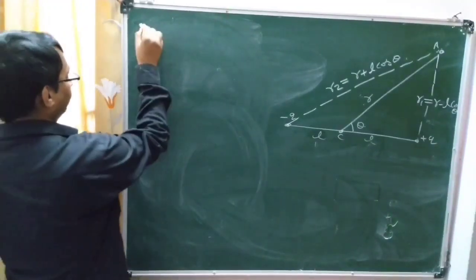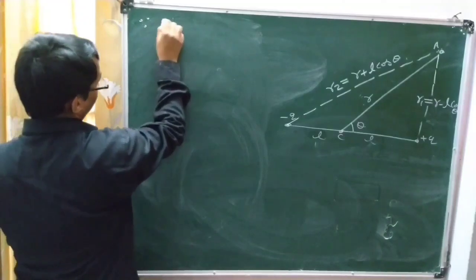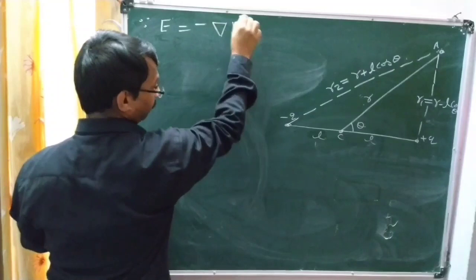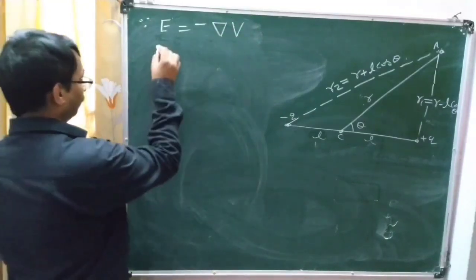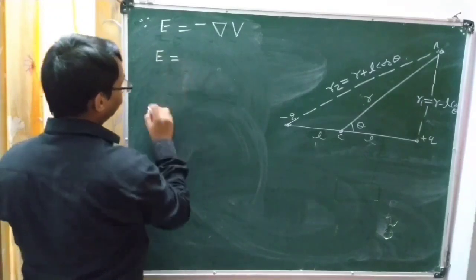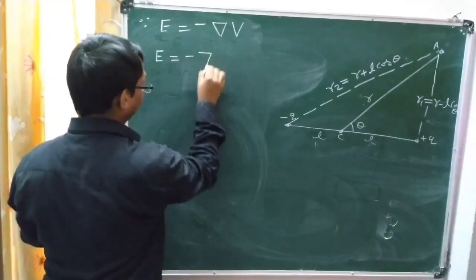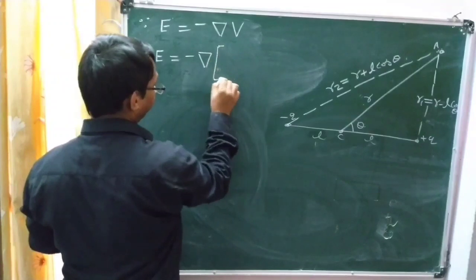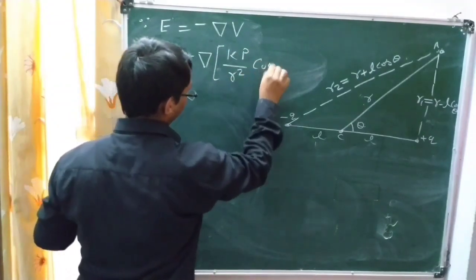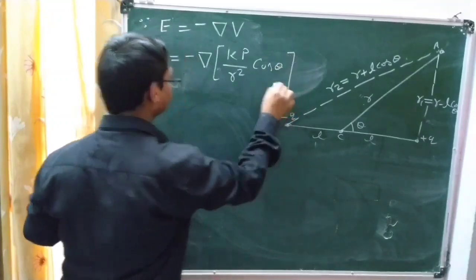Again rewriting, E is equal to minus grad V. So E is equal to minus grad, put the value of V, Kp upon r square cos theta.